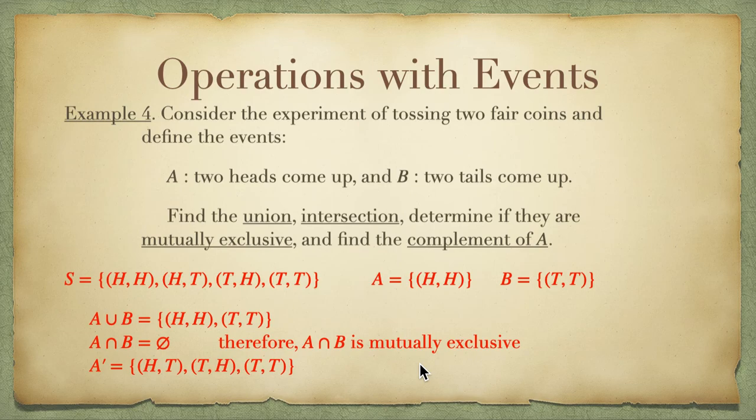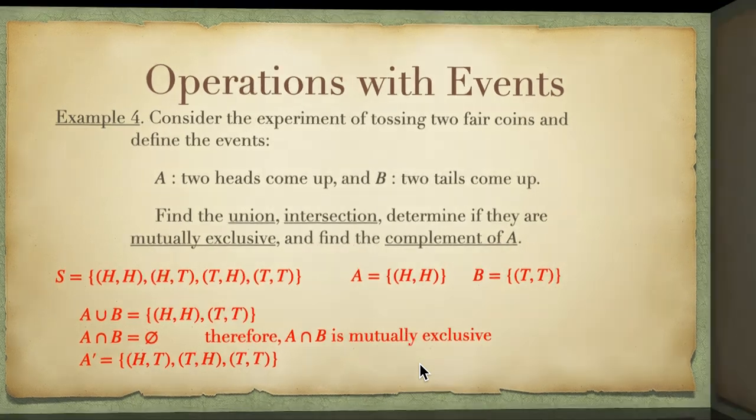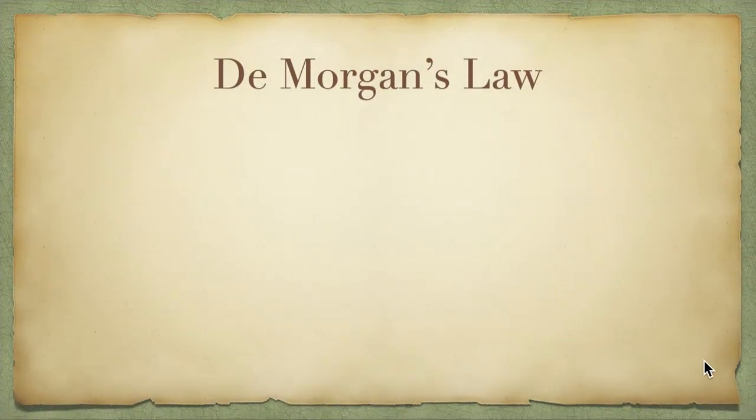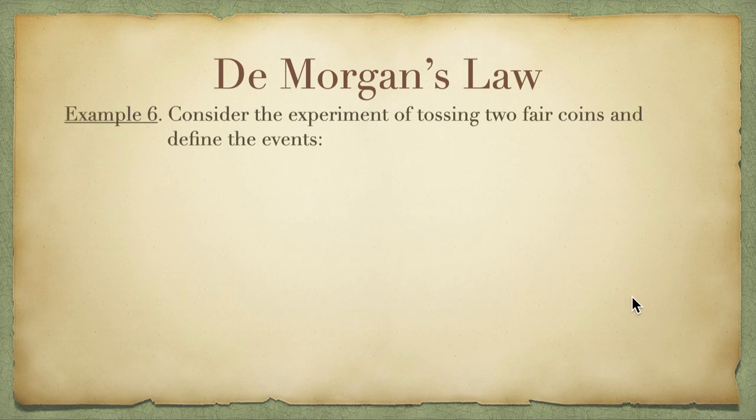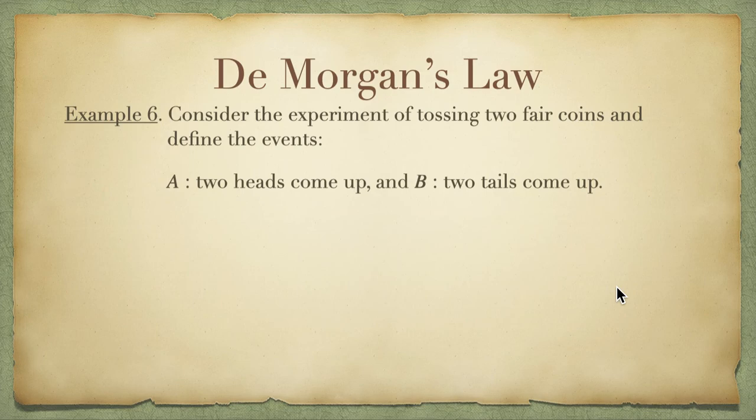Okay, now this brings us to the last part of our chapter, sample spaces and events. We're going to talk a little bit about De Morgan's laws. So let's consider this example. Consider the experiment of tossing two fair coins and define the events: event A is when two heads come up, and event B is when two tails come up. So it's the same example as we have shown before.